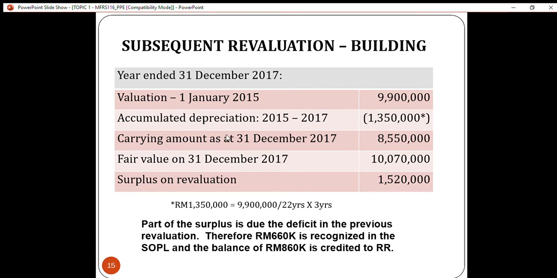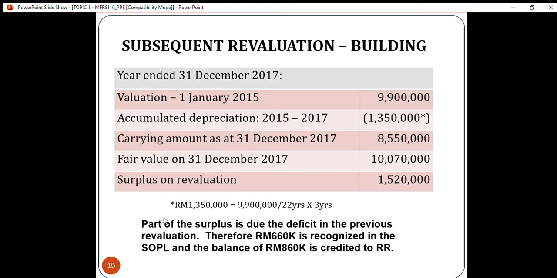So the carrying amount at 31st December 2017 is 8,550,000. So you compare this amount with the fair value on 31st December 2017. The fair value is 10,070,000, and the fair value is higher than the carrying amount of the building. So we get the surplus on revaluation amounted to 1,520,000.